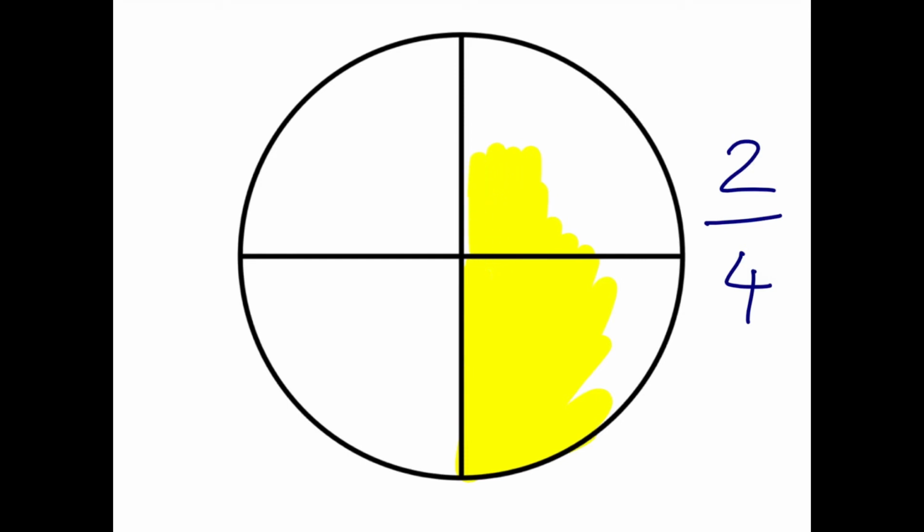Now you might notice something which we're going to be talking about later when we're back in school about 2 quarters. 2 quarters is exactly the same, it's equivalent to another fraction. Because if you look at that picture now, half of the circle is coloured in. So 2 quarters is actually exactly the same as a half.